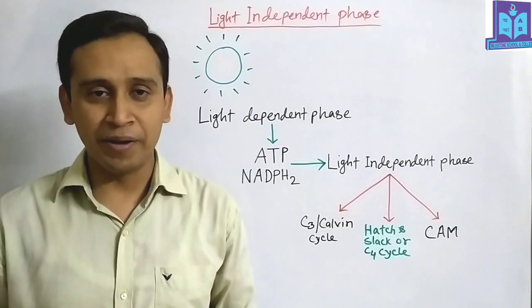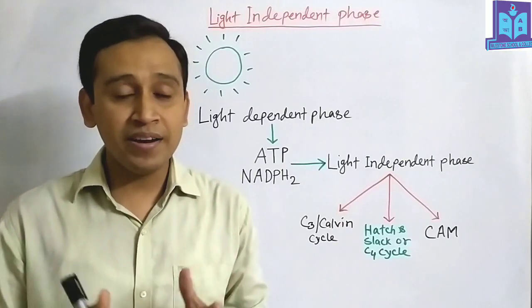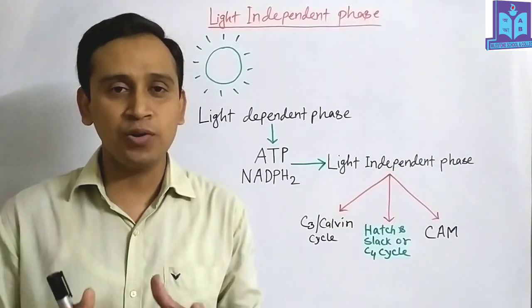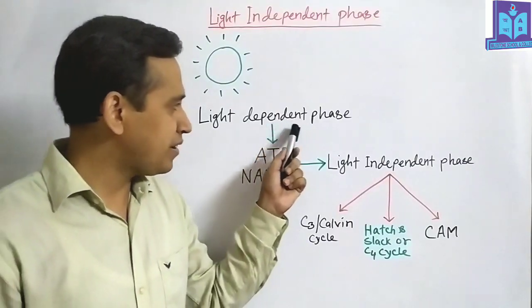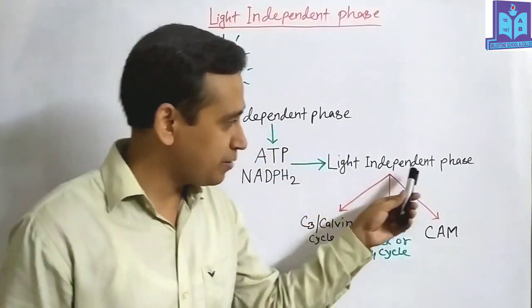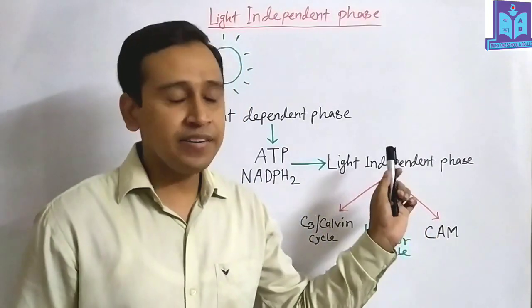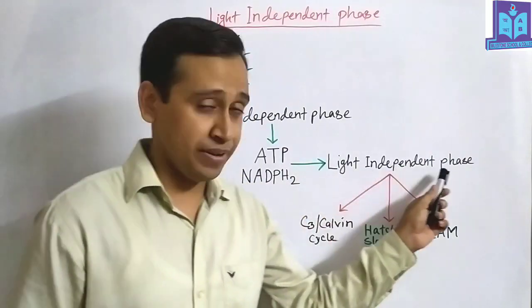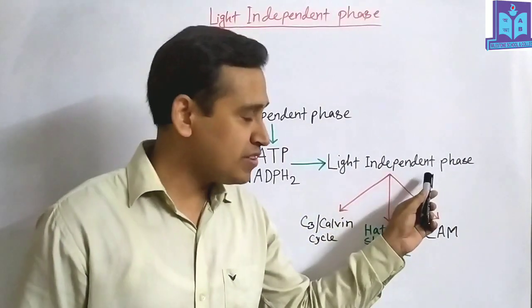In 1905, British physiologist Blackman divided the photosynthesis process into two phases. One is the light dependent phase, another is the light independent phase. Light is not directly required in the light independent phase, but it can be carried out in the presence of light.